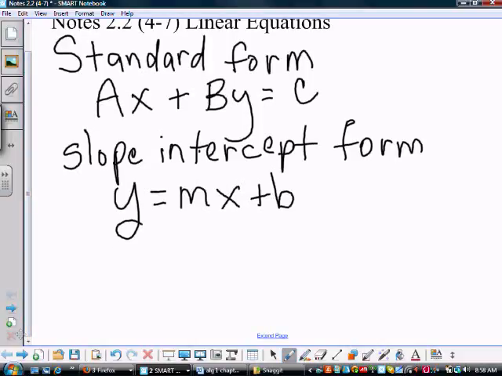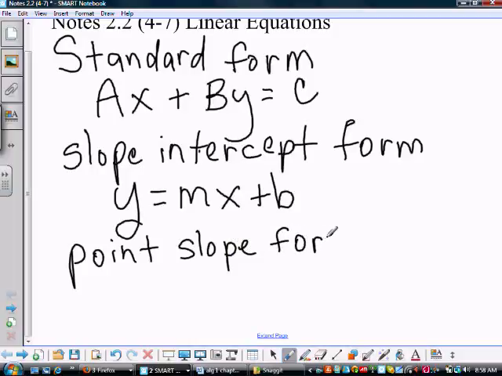And then we have point slope that you should have studied in Algebra 1. That can be very helpful if you have the slope of your line and you know one point on the line.